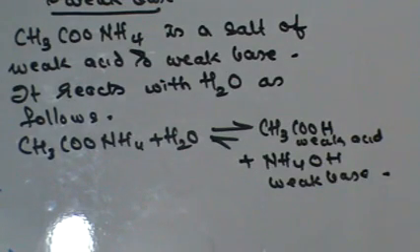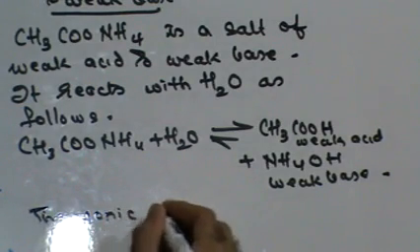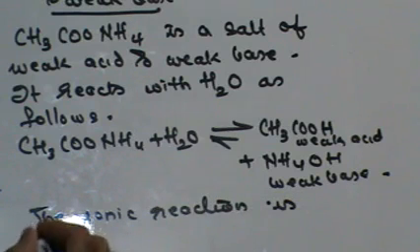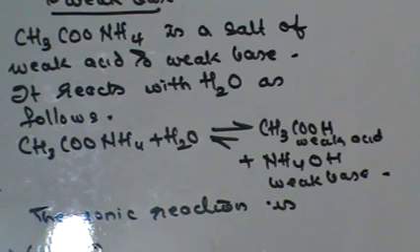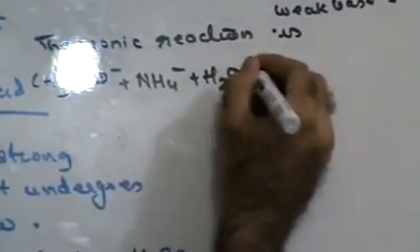Now the ionic reaction can be written as follows. The salt dissociates, so CH3COO negative plus NH4 positive plus water dissociates reversibly.